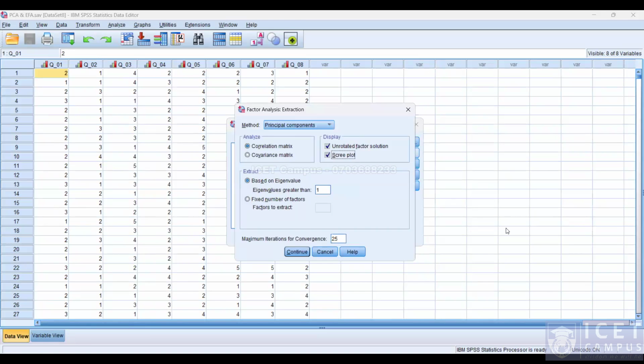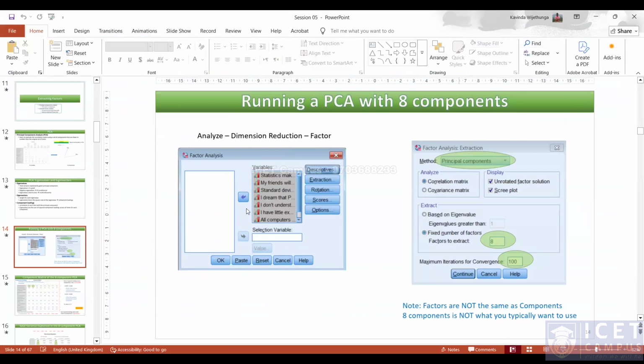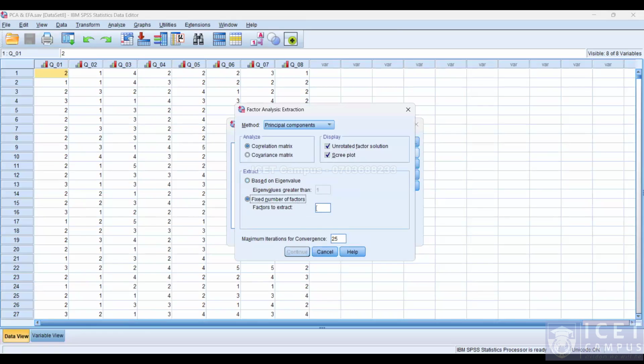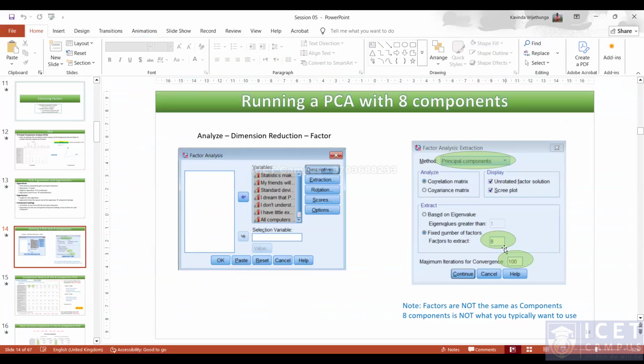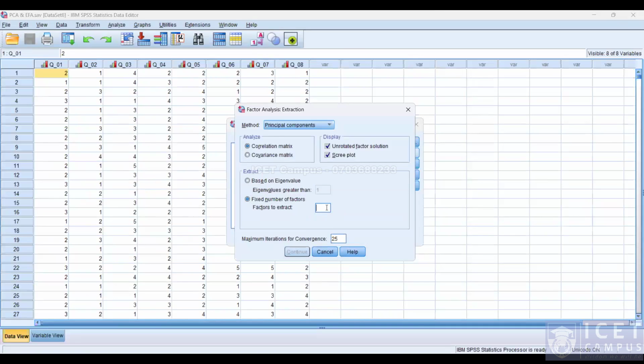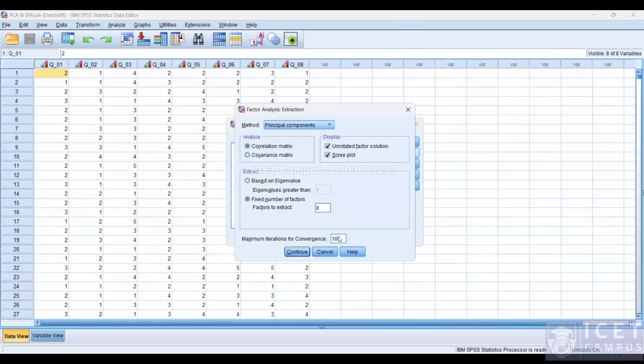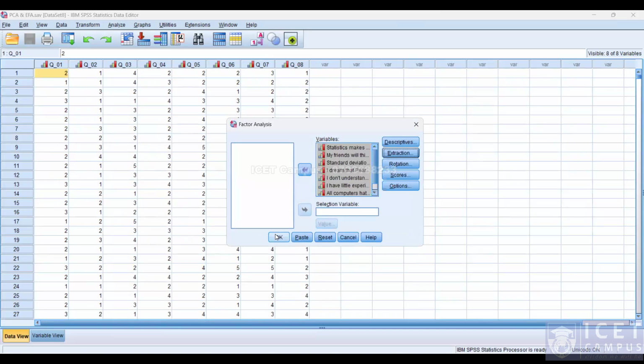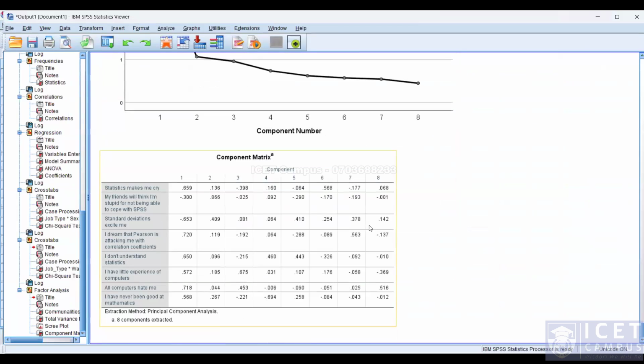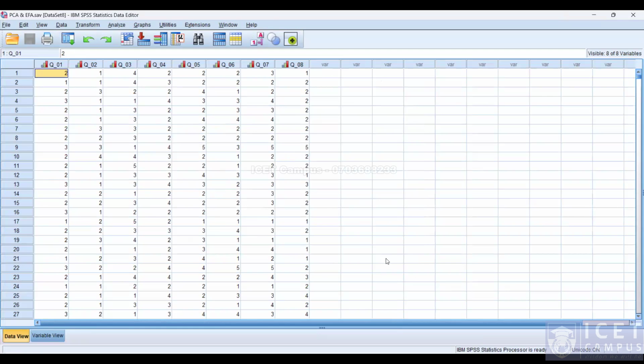We can also choose the scree plot here. For the options, we use a fixed number of factors, and you can set it to 8. The maximum iterations for convergence is 100.